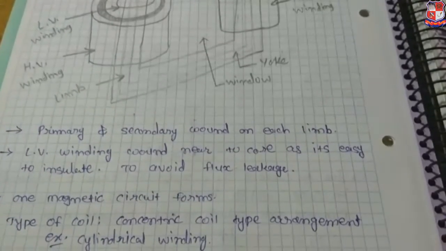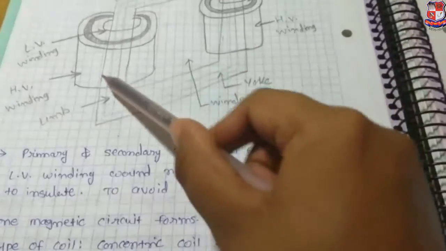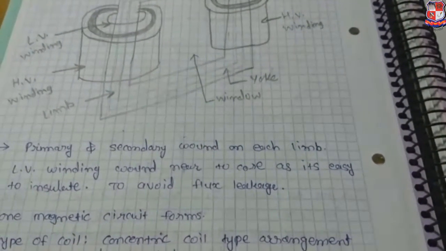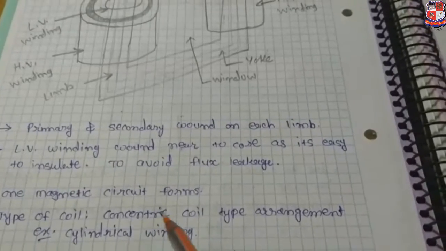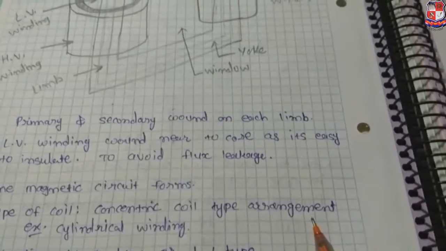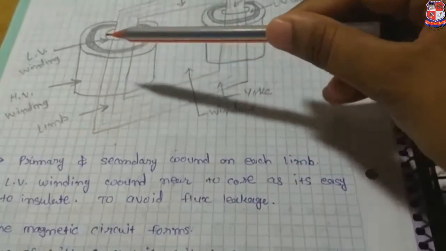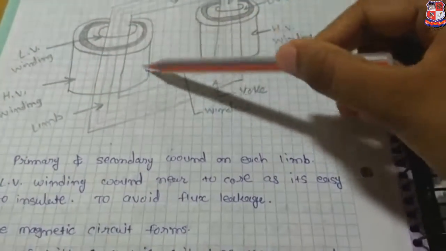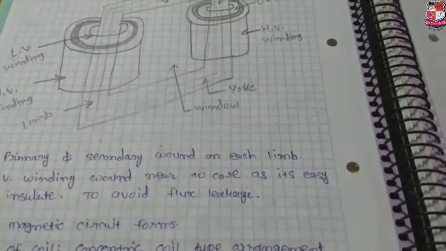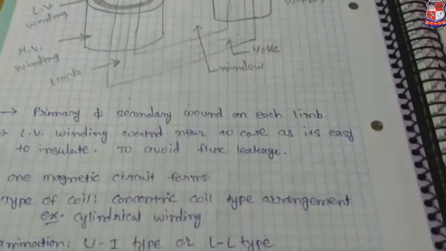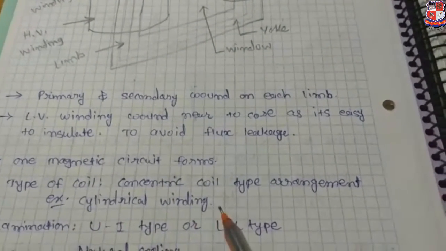Type of coil. The winding in this type of transformer is a concentric arrangement, or we can clearly see in this figure that they are wound like a cylinder. They make one cylinder, so we can say that the winding in this type of transformer is cylindrical type winding.